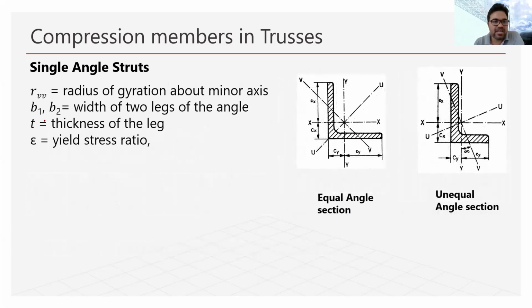So all the values I have written here: rVV, B1, B2, t, and this epsilon, which is called the yield stress ratio. The formula to calculate epsilon, the yield stress ratio, is the square root of 250 by fy. Generally in our case, we use fy as 250, so the epsilon value will be 1.